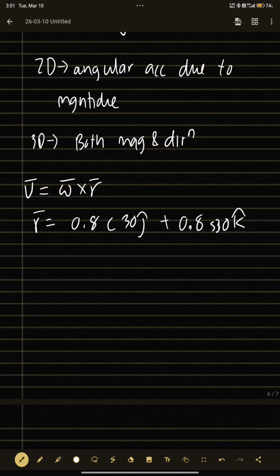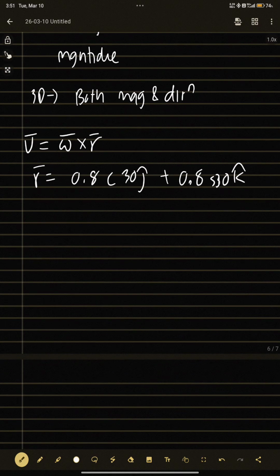And omega we have to find out first. Nk, you have to take the cross product. Nk beta dot I cross this plus this. How will you get acceleration of point A?